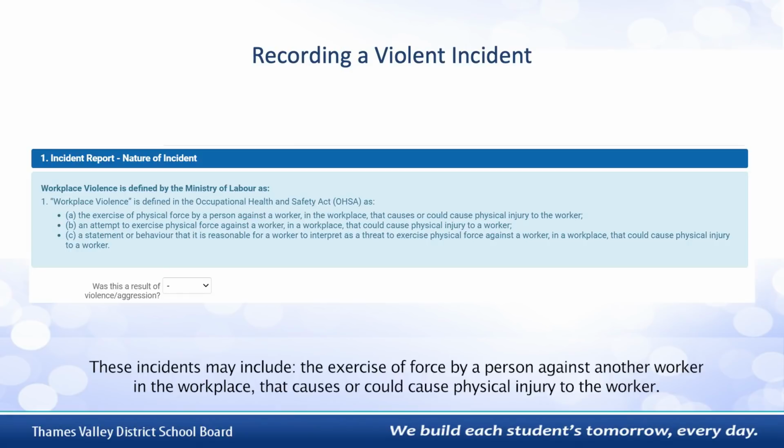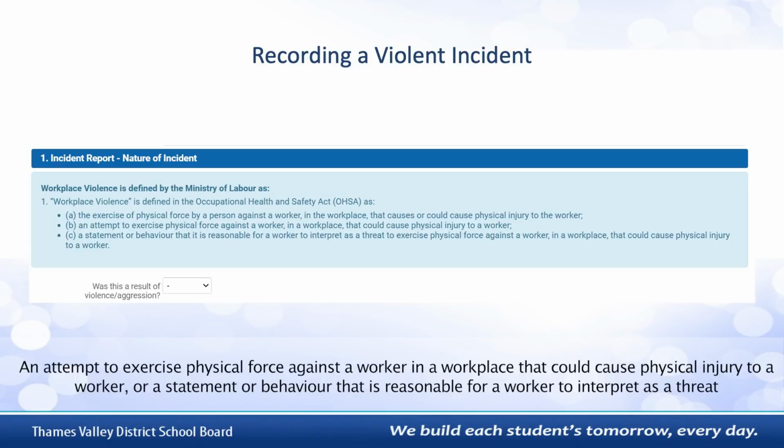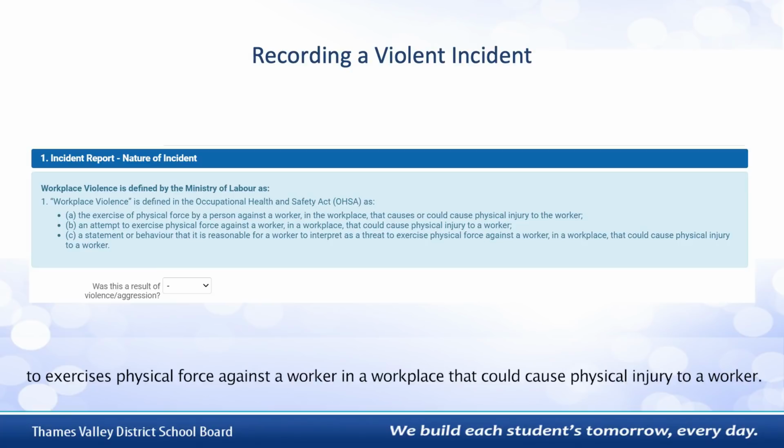These incidents may include the exercise of force by a person against another worker in the workplace that causes or could cause physical injury to the worker, an attempt to exercise physical force against a worker in a workplace that could cause physical injury to a worker, or a statement or behavior that is reasonable for a worker to interpret as a threat to exercise physical force against a worker in the workplace that could cause physical injury to a worker.